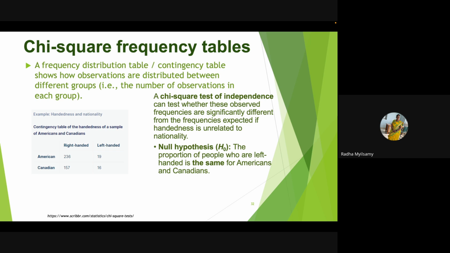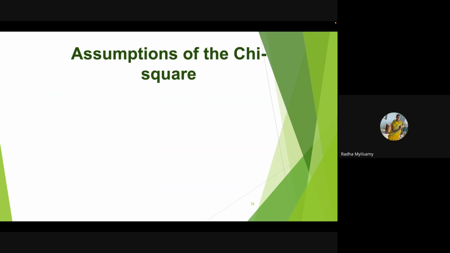We have two handedness categories, right-handed and left-handed. The null hypothesis is that the proportion of people who are left-handed is the same for Americans and Canadians, and the alternative is that the proportion of left-handed people differs between these two nationalities.